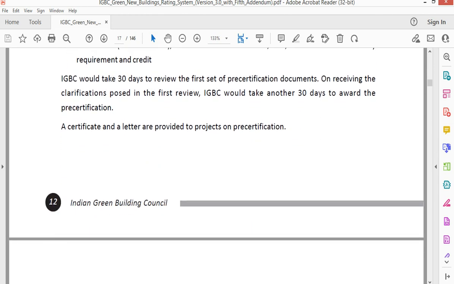IGBC would take about 30 days to review the first set of the pre-certification documents. After receiving the comments in the first review, the IGBC would take another 30 days to award the pre-certification. After this, the certificate and a letter would be provided to the project for the pre-certification.